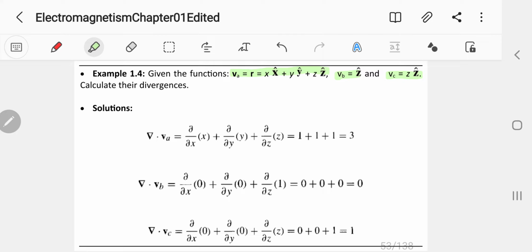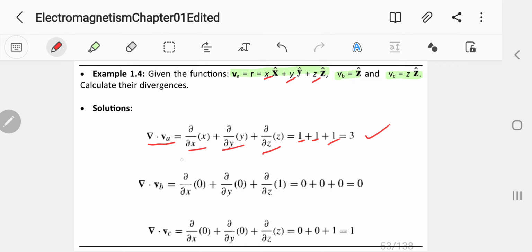Say for example VA, the divergence of VA is just the partial derivative of x with respect to x, derivative of y with respect to y, and derivative of z with respect to z. So you have 1 plus 1 plus 1, that's just equal to 3.